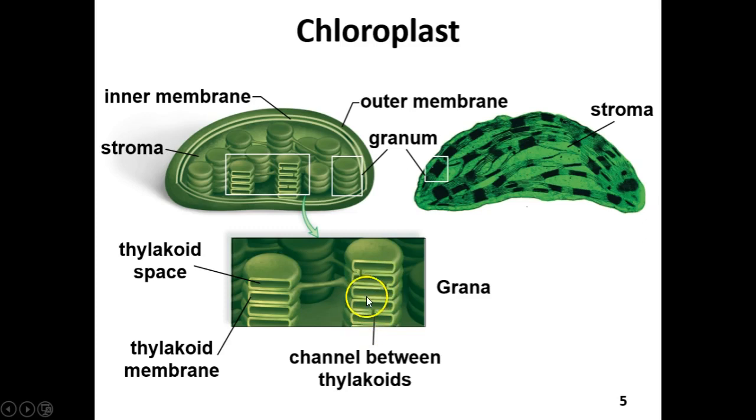This is where the chlorophyll is found. And then outside of the thylakoid is called the stomata, or I'm sorry, not stomata, the stroma. And the stroma is where the Calvin cycle or light independent reactions occur.